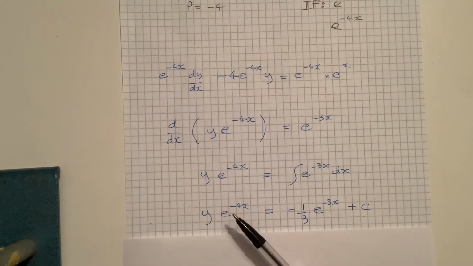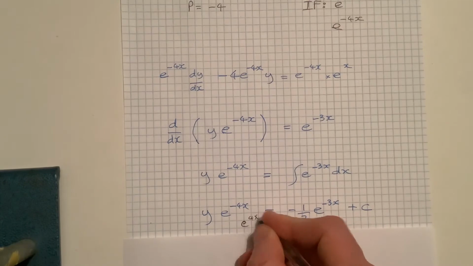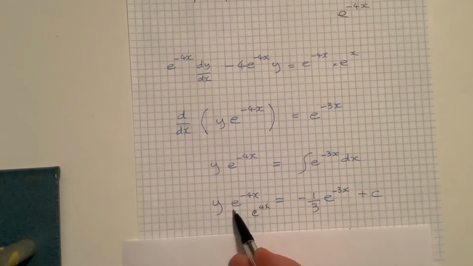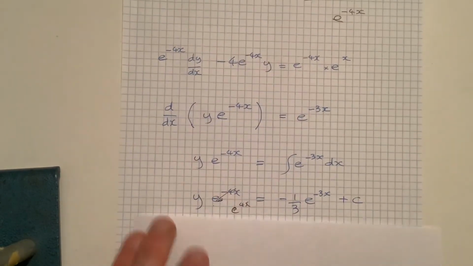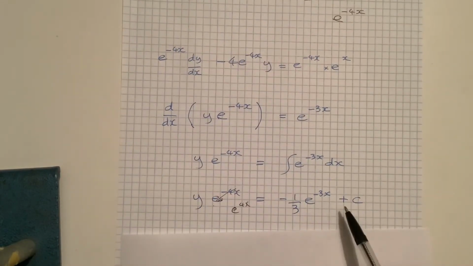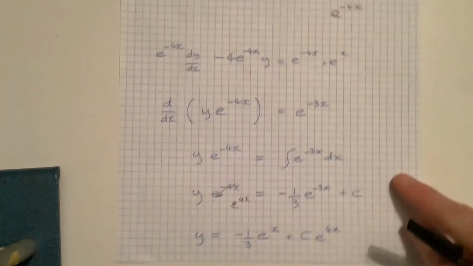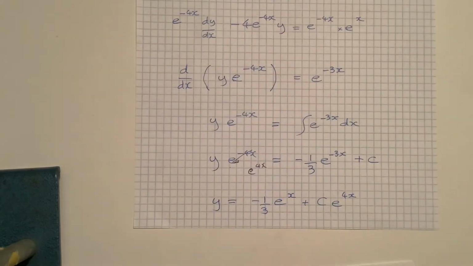If I multiply this side by e to the +4x, then those are going to cancel out. So then I'll just have to times e to the 4x here and e to the 4x here, which will give me that as my final answer. Just to tidy that up a little bit at the end.